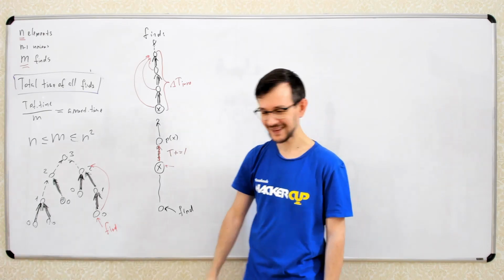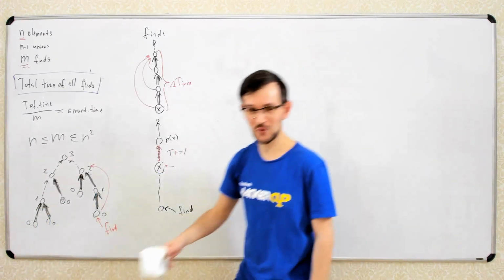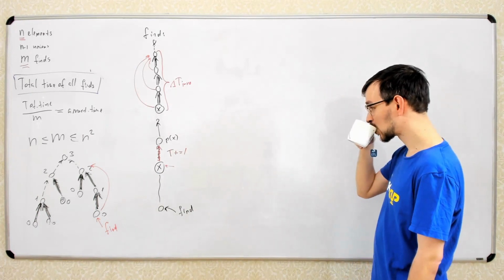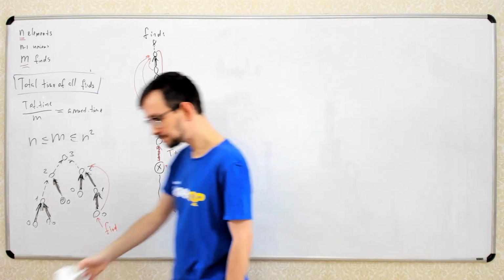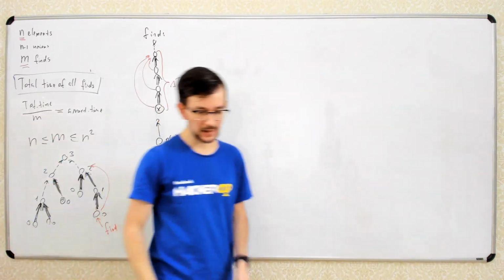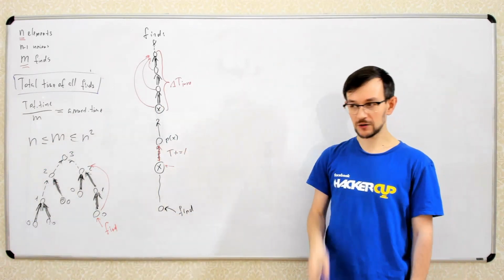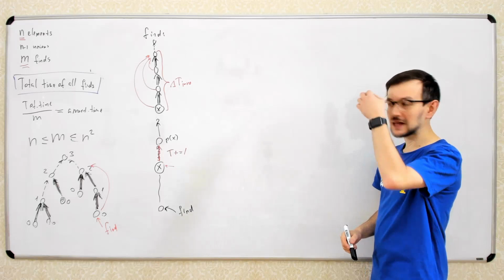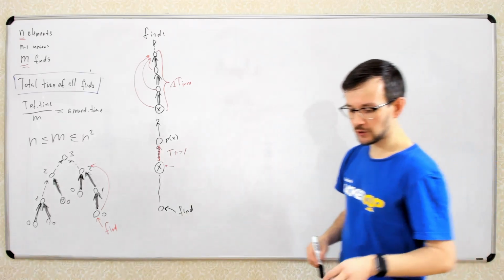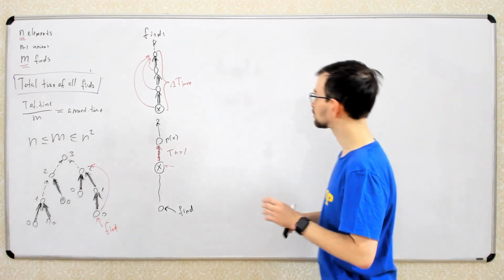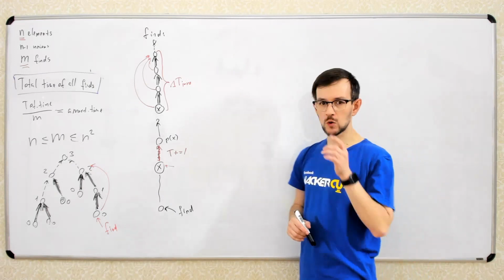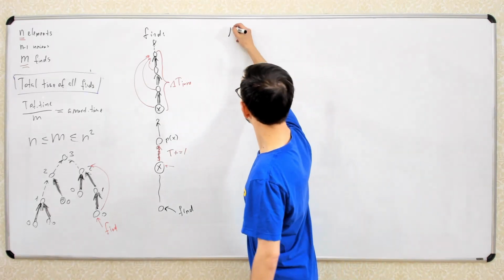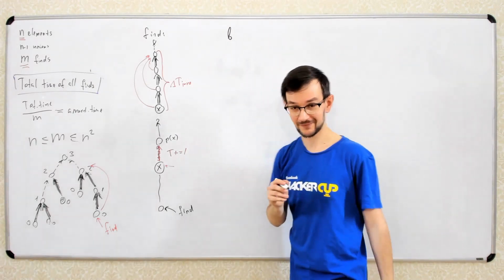Hope it's clear enough. Now let's calculate time complexity. To calculate time complexity, we'll do the following. First, we'll pick two values. We'll pick value b and value z.